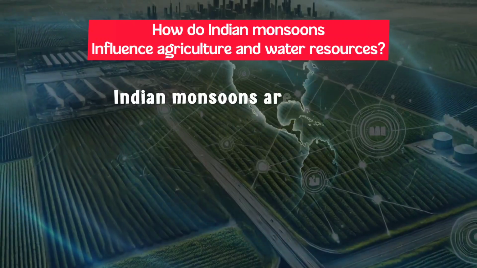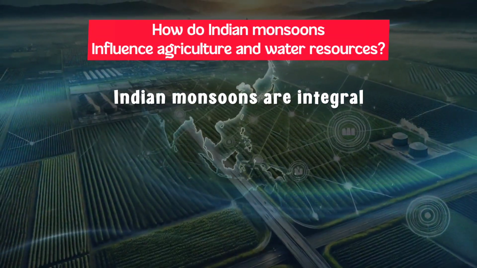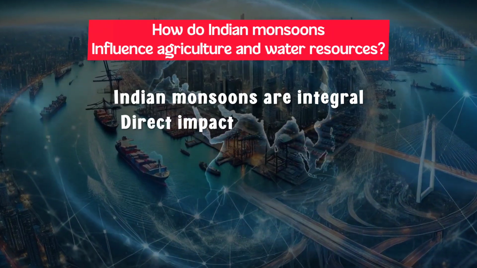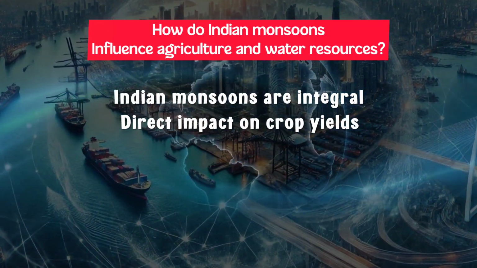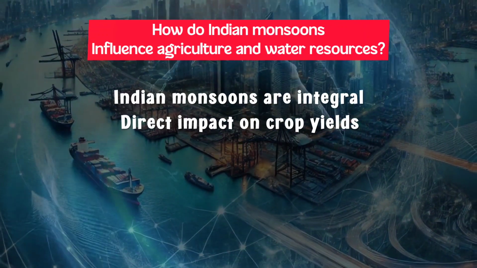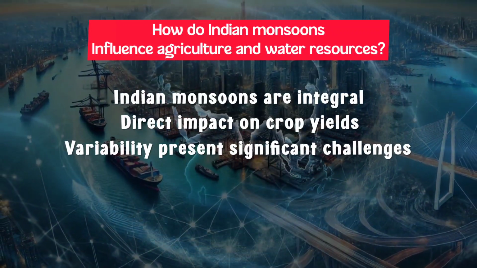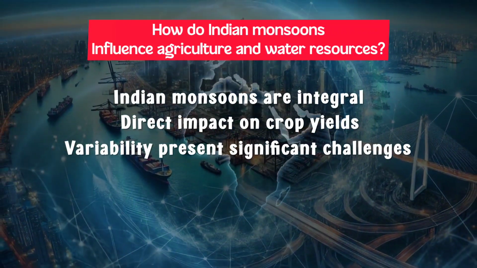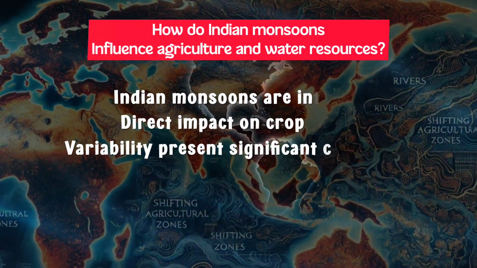In conclusion, the Indian monsoons are integral to the country's agriculture and water resources. The arrival and distribution of monsoon rainfall have a direct impact on crop yields, the success of agricultural practices, and the availability of water for both rural and urban populations. While the monsoon provides essential water for farming and replenishing natural water reserves, its variability represents significant challenges, from the risk of floods to droughts and groundwater depletion.